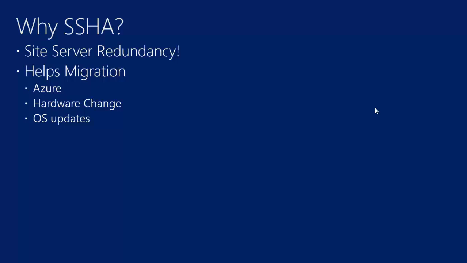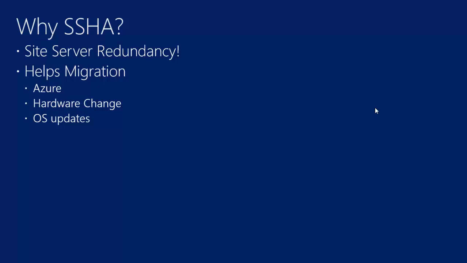But other scenarios, even outside of kind of a high availability thing, would be maybe migration, right? If you want to migrate to Azure, then this would be maybe an option to help you. You could have your active site server in your on-prem environment, and then you could install the high availability and put your passive site server in Azure.